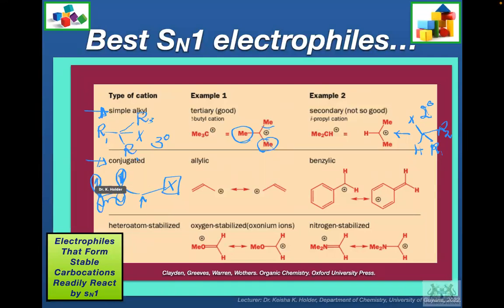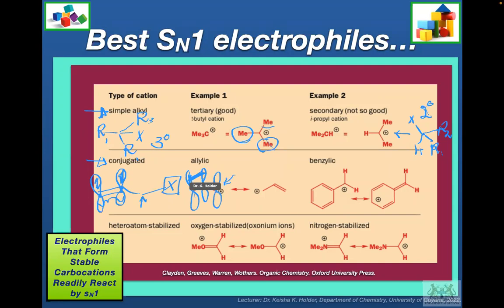And so if you form a carbocation from this molecule by way of the leaving group departing, even though your carbocation is electron deficient, it can borrow electron density from this pi system here.